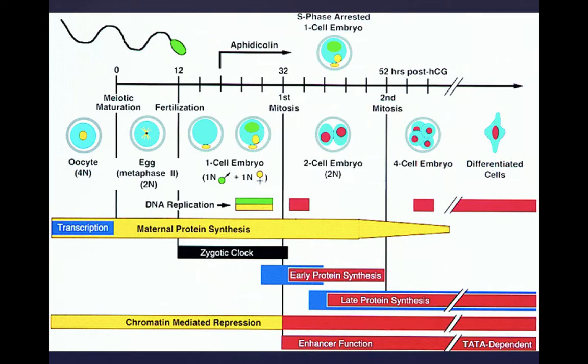Protein synthesis will be primarily active for the case of the unfertilized egg, the maternal mRNAs. Maternal mRNA are very actively translated.